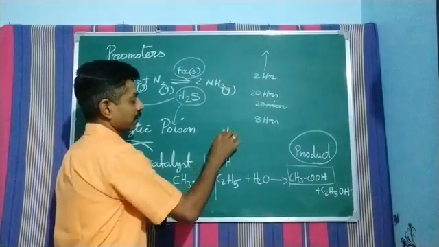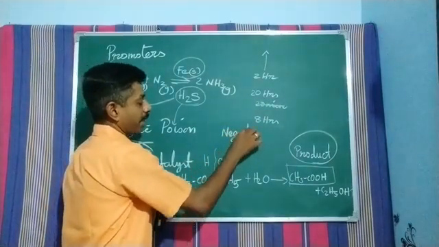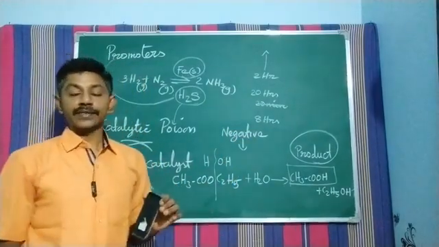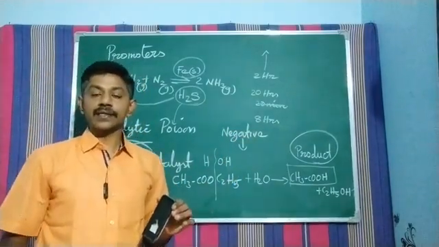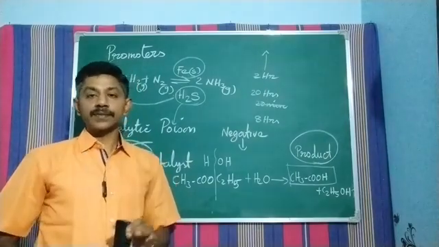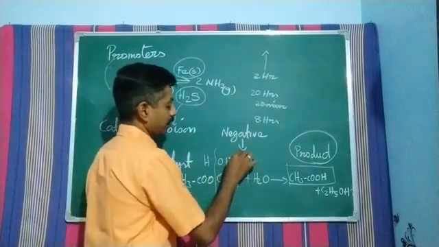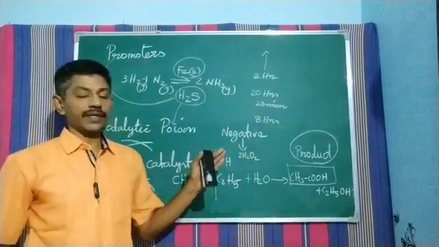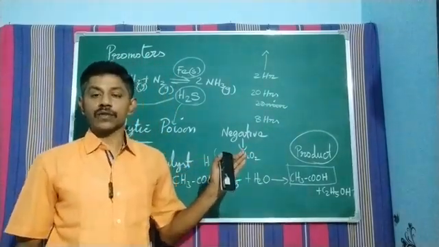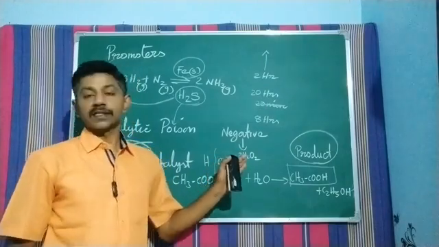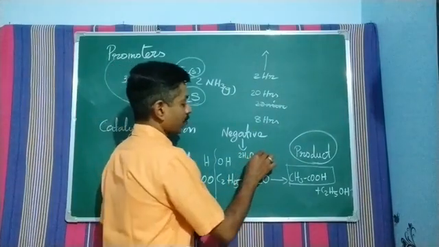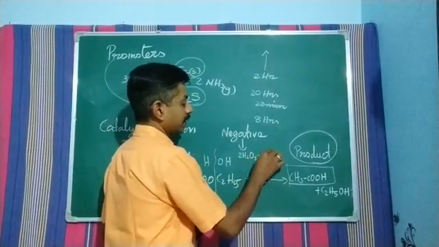And as usual, the next one is negative catalyst. So what is a negative catalyst? A negative catalyst will decrease the speed of the reaction. For example, we take H2O2. I hope, boys, you would have seen this material in hospitals. This is used for cleaning wounds. And hydrogen peroxide will decompose.